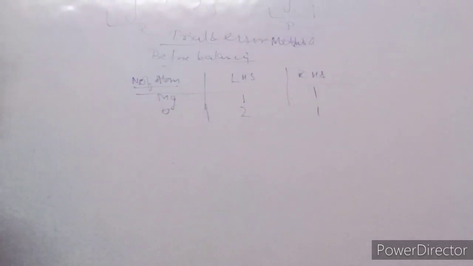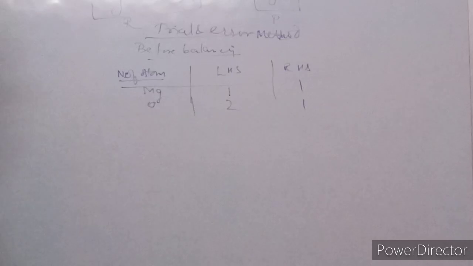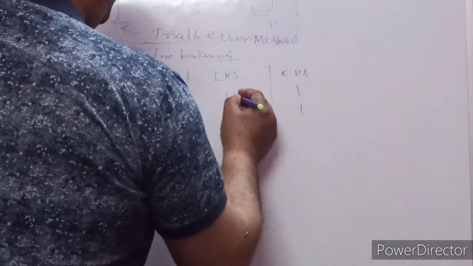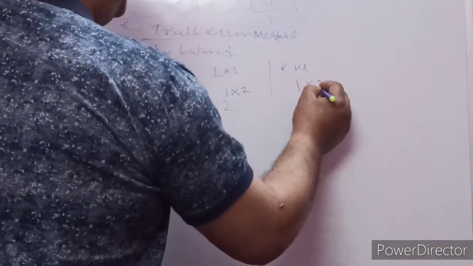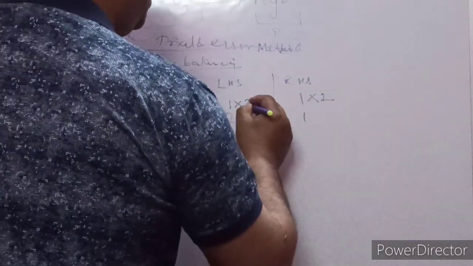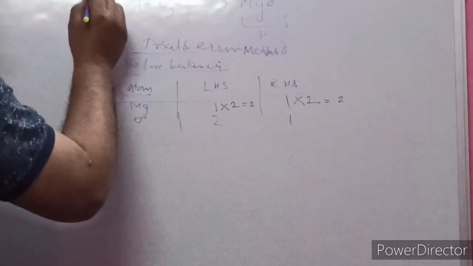Now how to balance it? You have to make the LHS and RHS equal. If you multiply magnesium with 2, and on the right hand side also with 2, then it will be 2 magnesium in the LHS and 2 magnesium in the RHS.